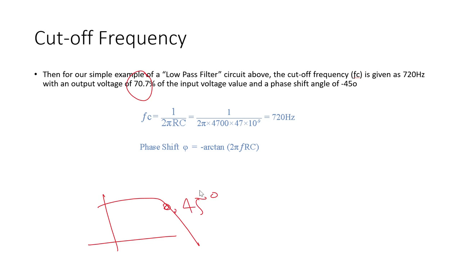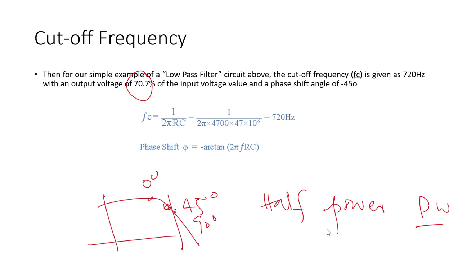This condition is known as the cutoff frequency voltage. 45 degrees is actually halfway between 0 degrees and 90 degrees, so we can also call it the half power bandwidth. Half power bandwidth is observed at cutoff frequency.